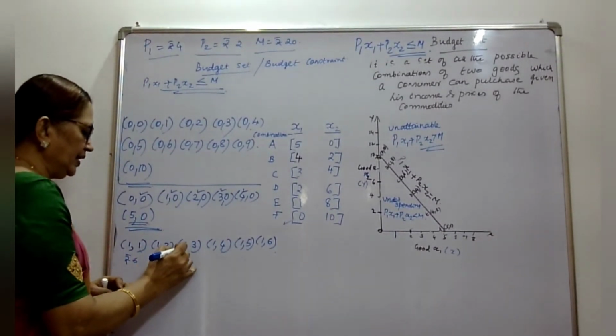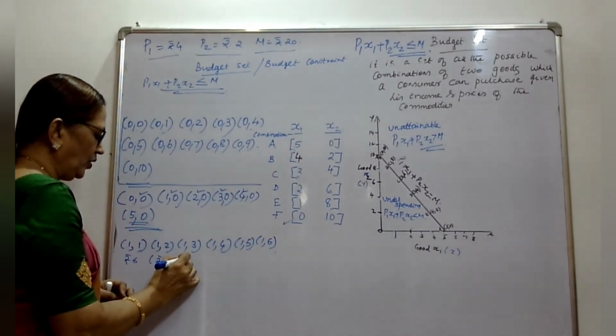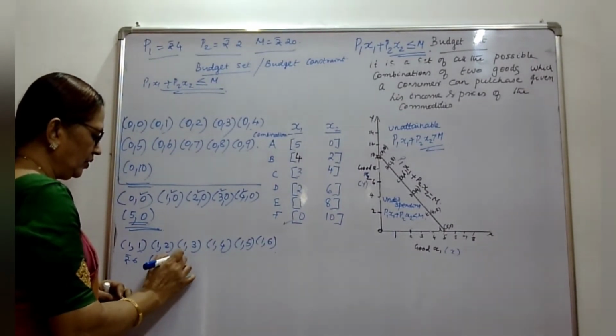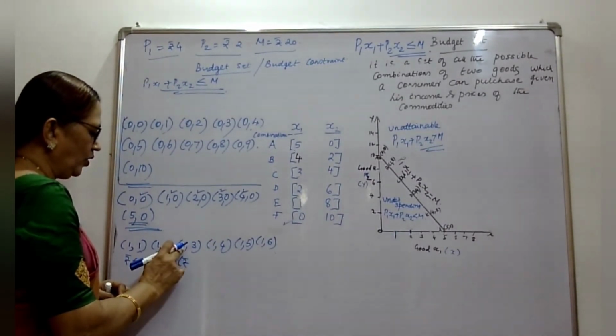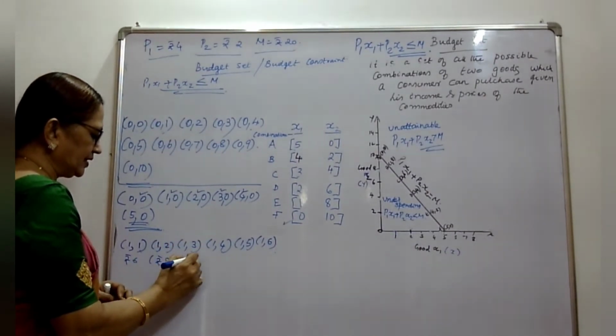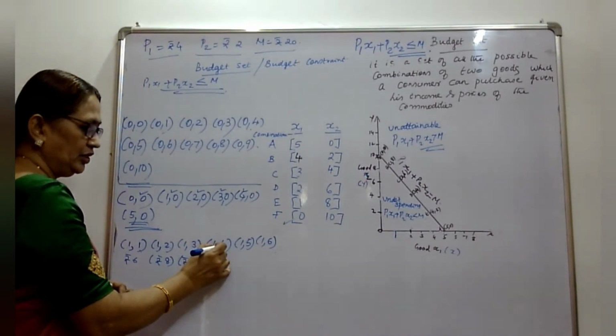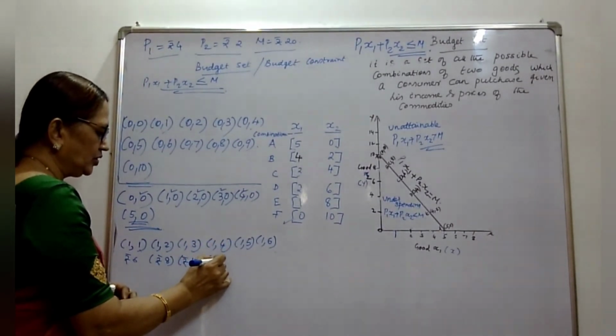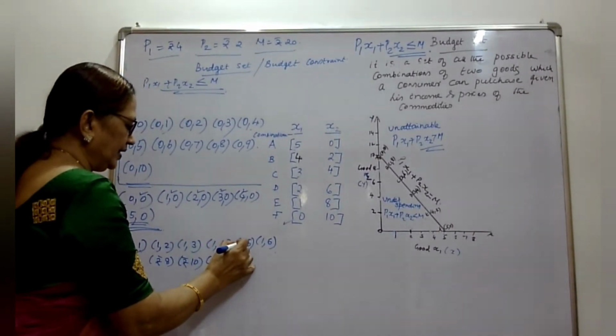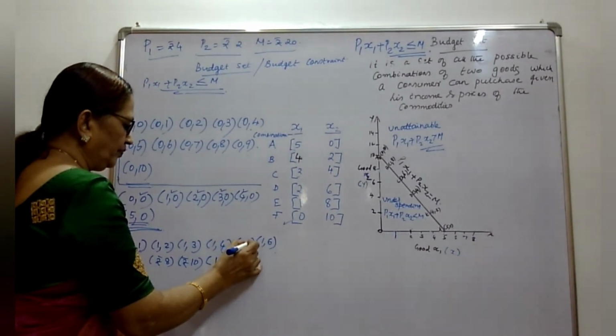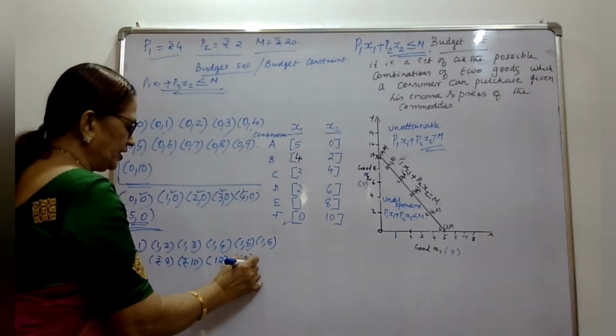Okay. Here 4 rupees spent, so how much? 4 plus 3 into 2, 6, 10. Here 4 plus 8 means 12 rupees spent. Here 4 plus 10, 14 rupees spent.